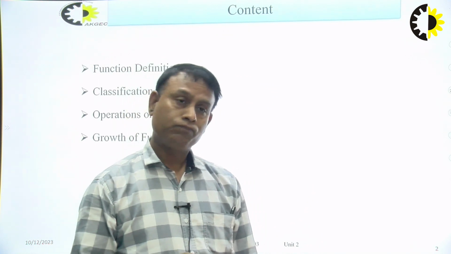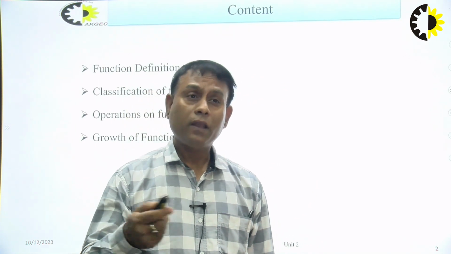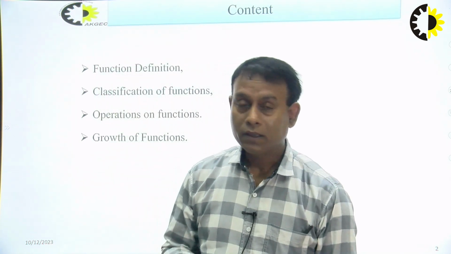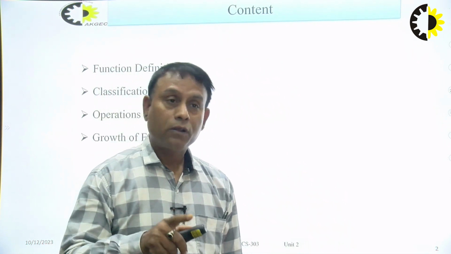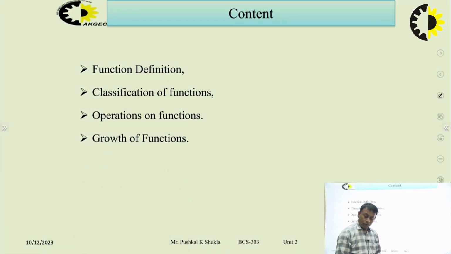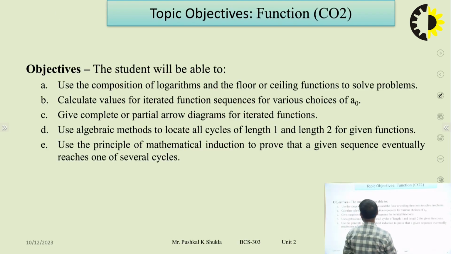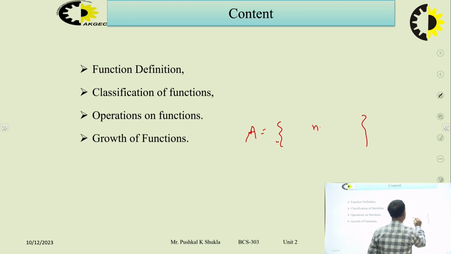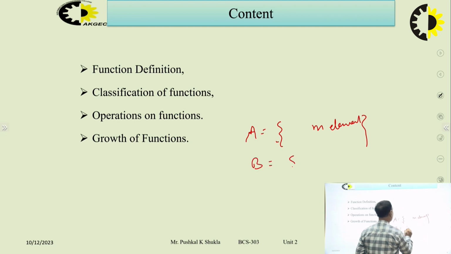What is a relation? Let A and B be two sets, then a relation R from set A to set B is defined as a subset of A Cartesian product B. For example, suppose set A has m elements and B has n elements.